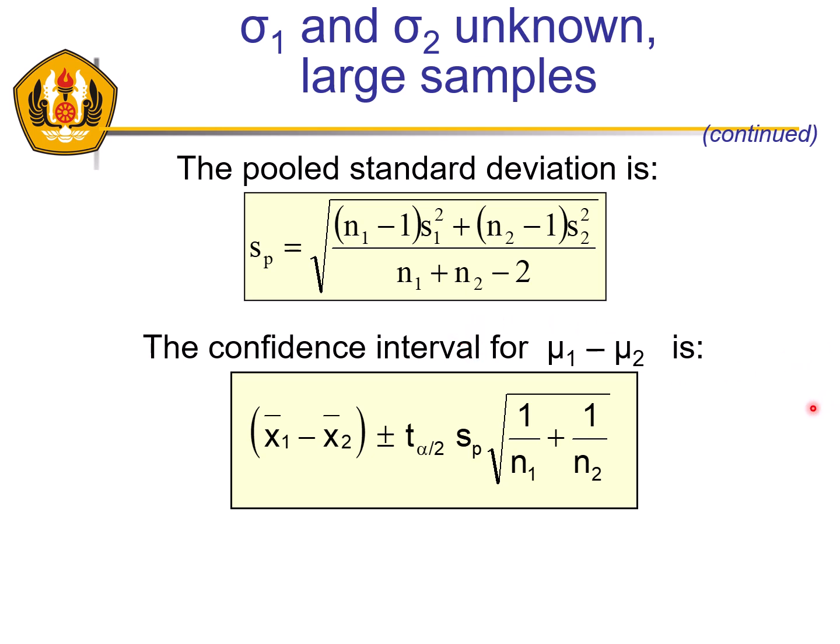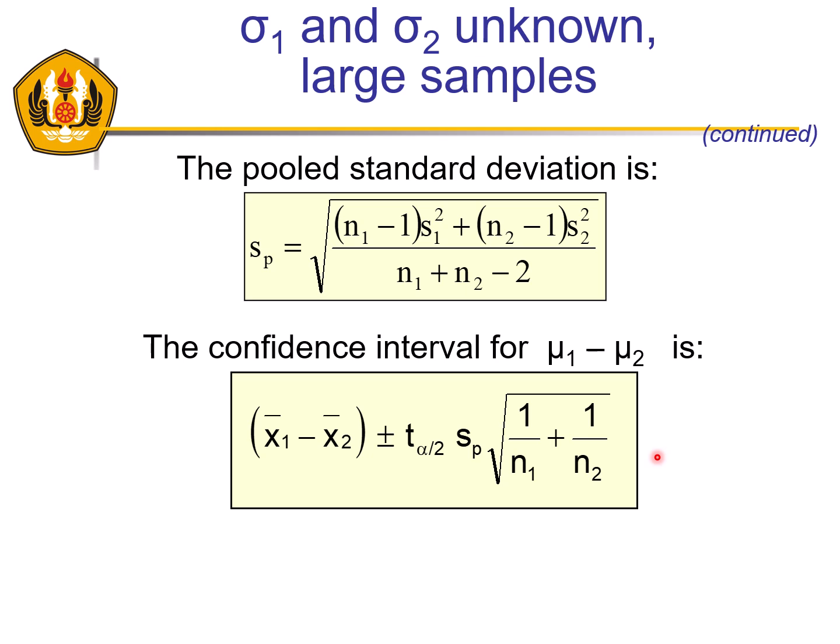Then we can construct the confidence interval for mu1 minus mu2 as below. This formula is a little bit different from the first one. The differences are in the t alpha over 2 and also the pooled standard deviation.